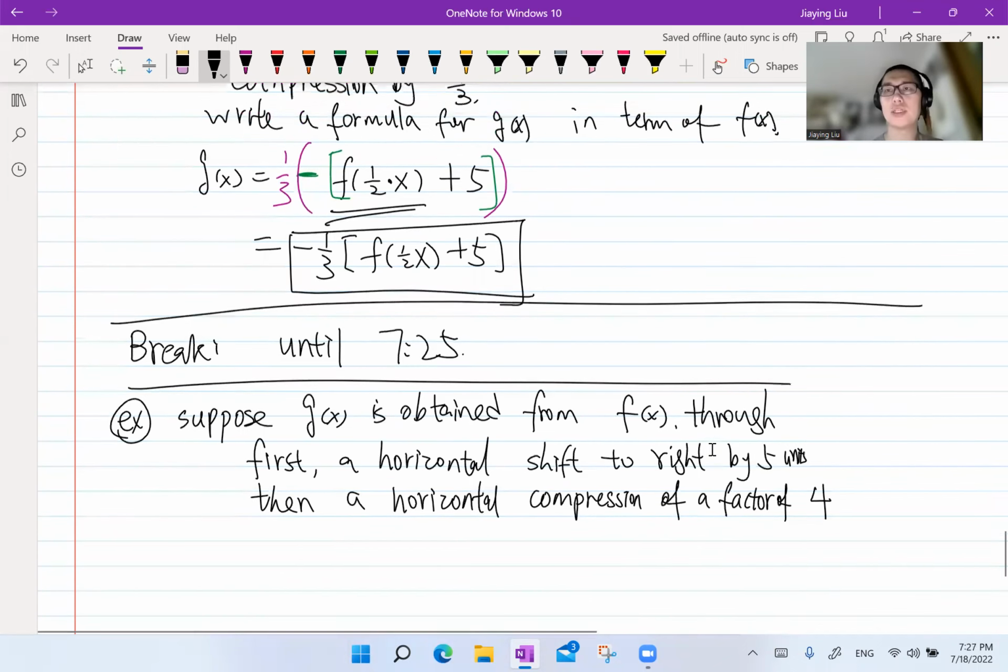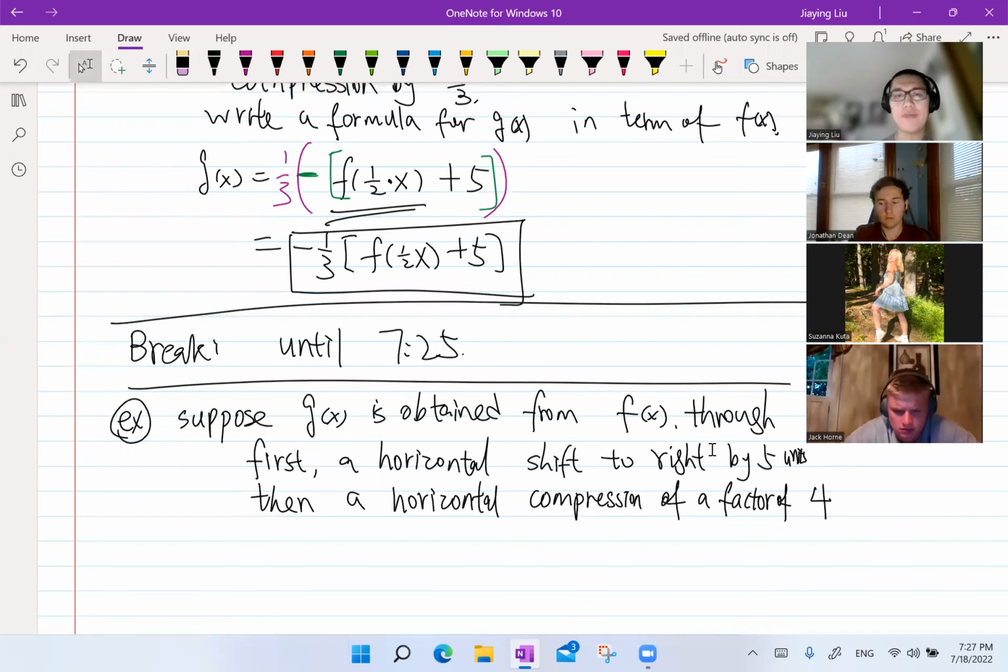So suppose that's the transformation that's happening to f of x. So how do we write down the formula for g of x?